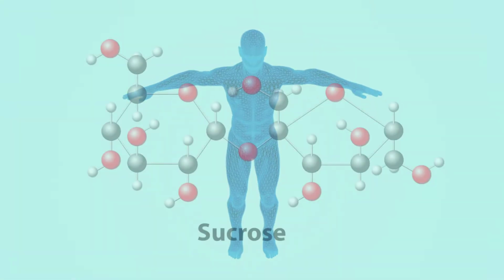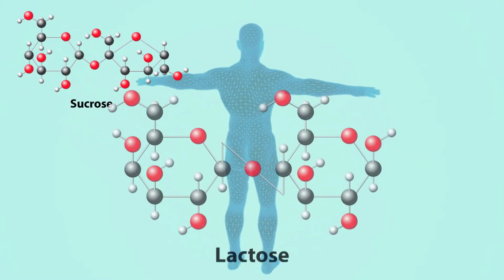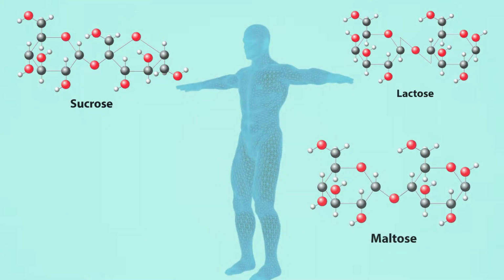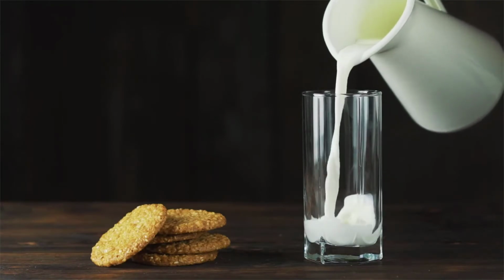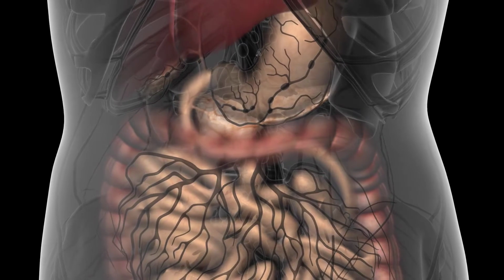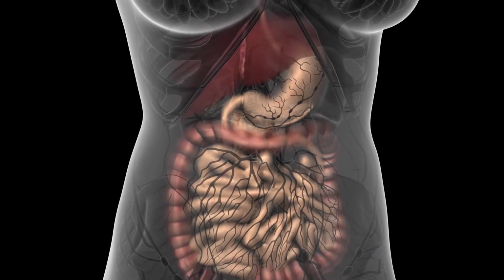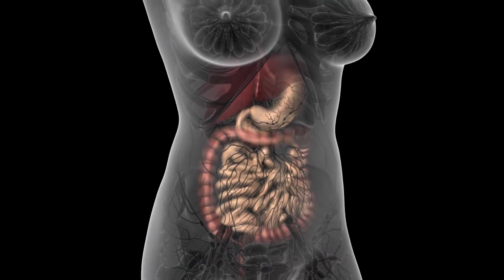These are sucrose, commonly referred to as table sugar, lactose, or milk sugar, and maltose, or malt sugar. As you can tell from their common names, you consume these in your diet. However, the body cannot use them directly. Instead, in the digestive tract, they are split into their component monosaccharides via hydrolysis.